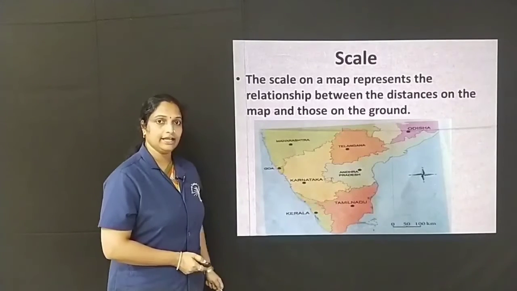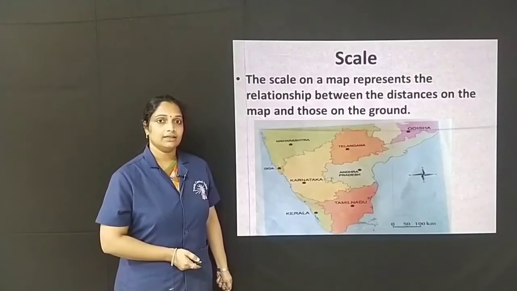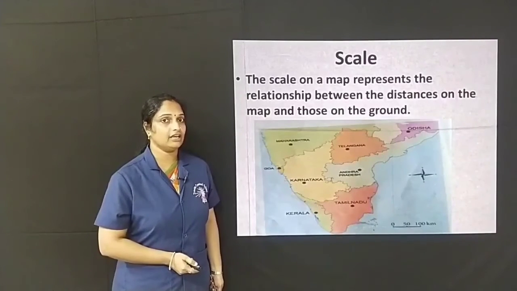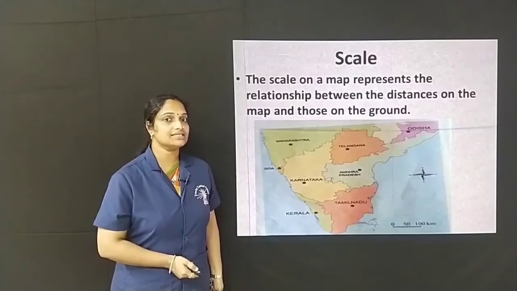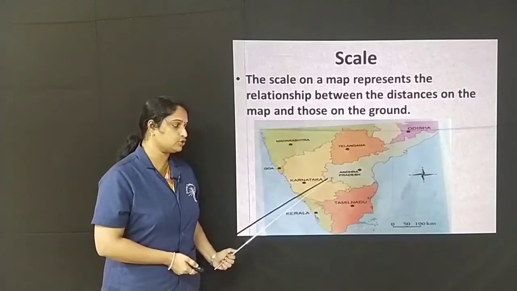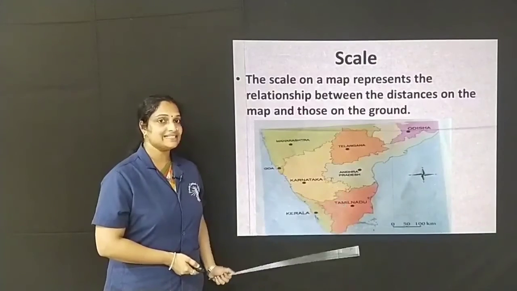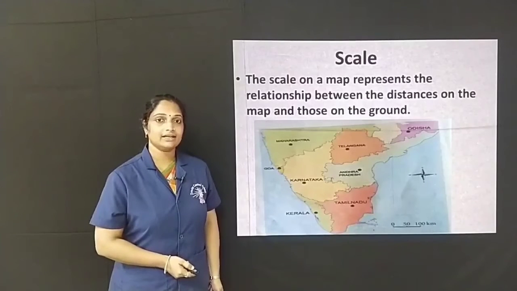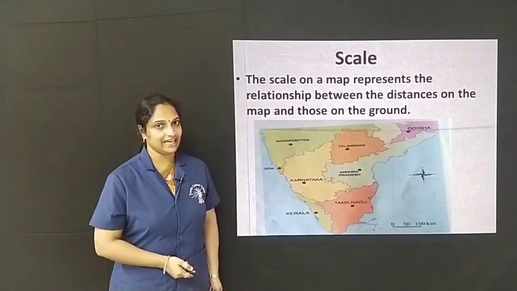By using scale, we can measure the size of the states. On the map, we can measure the boundaries of these 2 states by scale. So, we can justify that Karnataka is larger than Kerala.